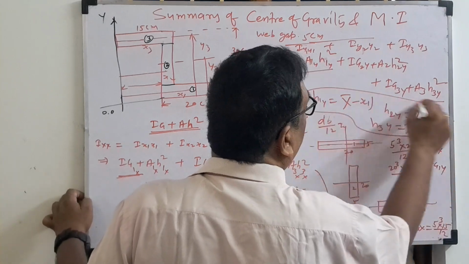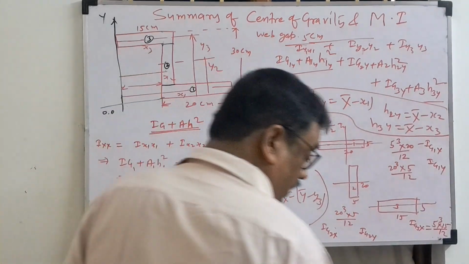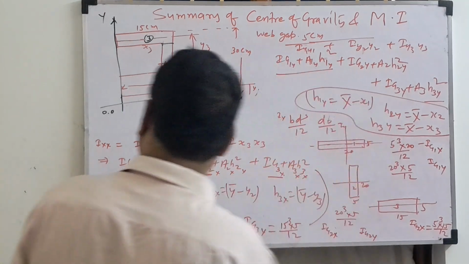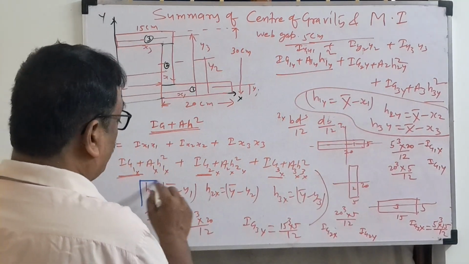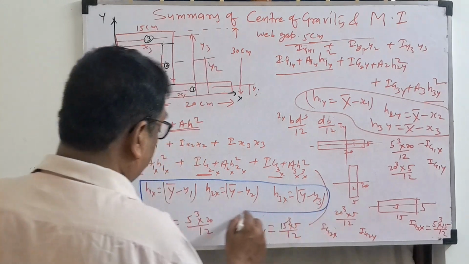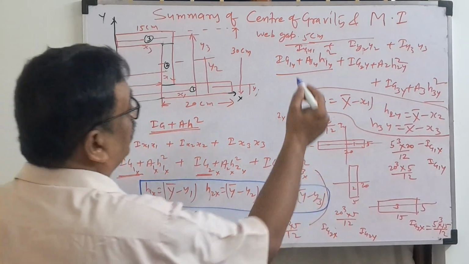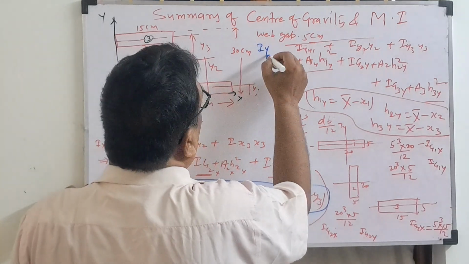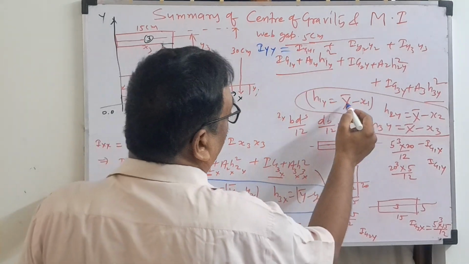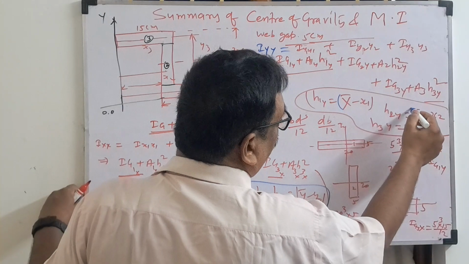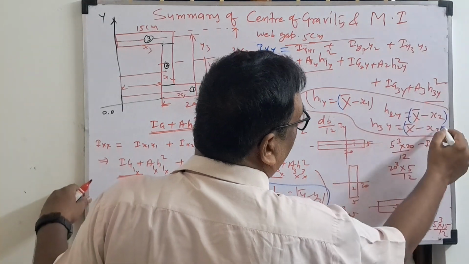Now look here. For Ixx, remember this part: y bar minus y1, y bar minus y2, y bar minus y3. For Iyy: x bar minus x1, x bar minus x2, x bar minus x3.